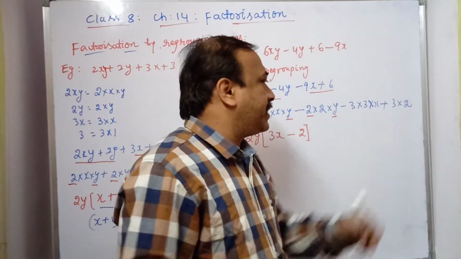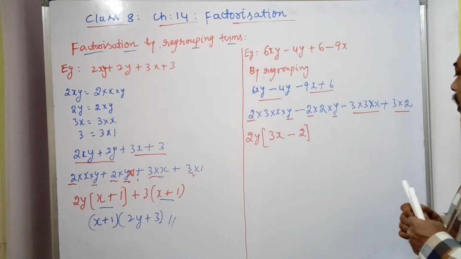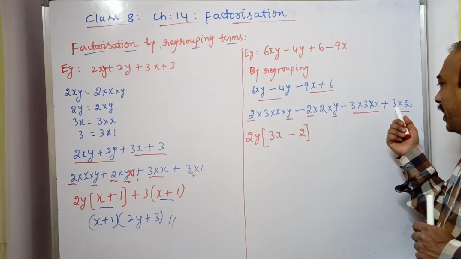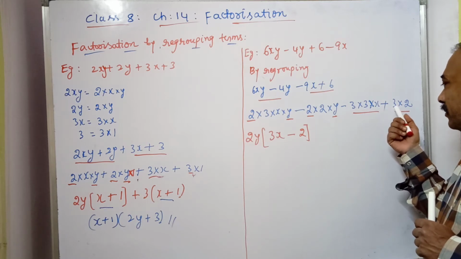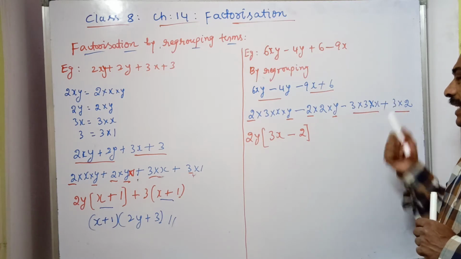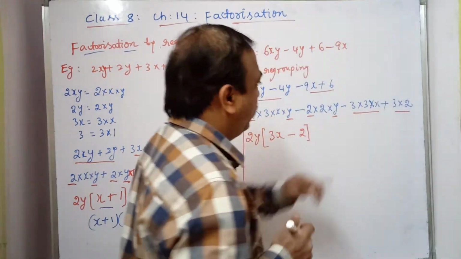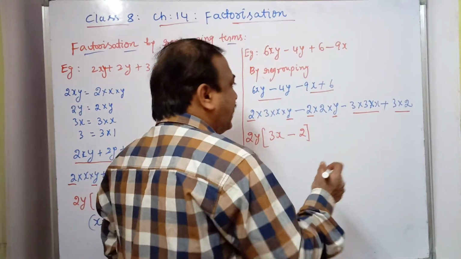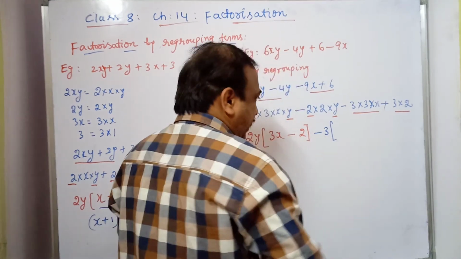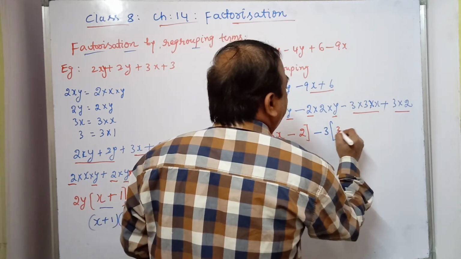Now in these two you observe, this and this. If you take 3 common, here it is minus 3 into 3 plus 3 into 2. So in this case, when you are taking out common, if I take minus 3 common, then you observe inside the bracket: 3 is outside, then 3x.